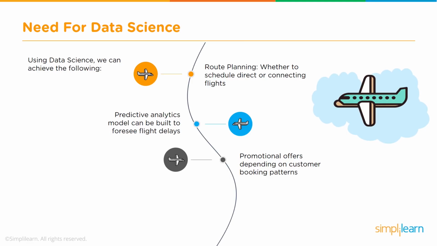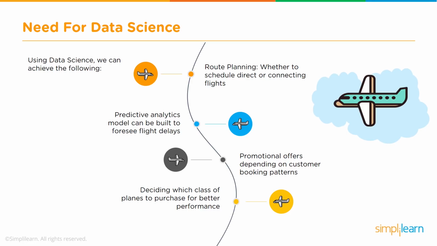Data science can also be used to make promotional offers. And last but not least is what kind of planes should be used, or the different classes of planes that should be used in different routes for better performance. So these are some examples of how data science can be used in airlines.